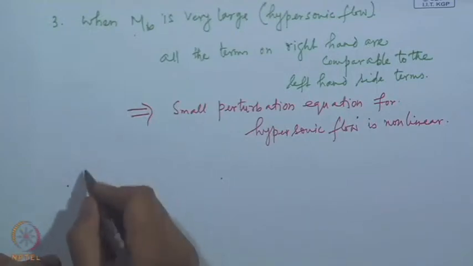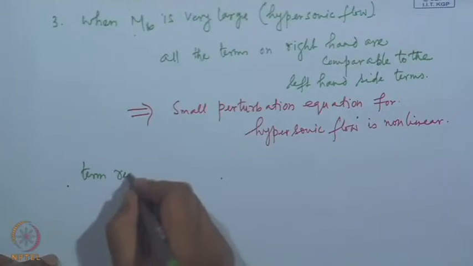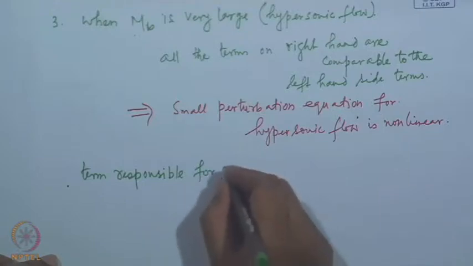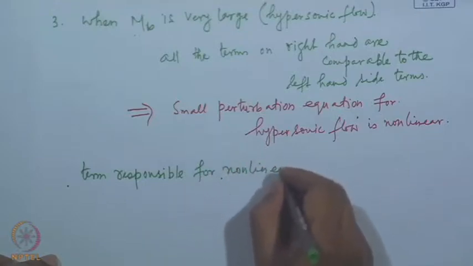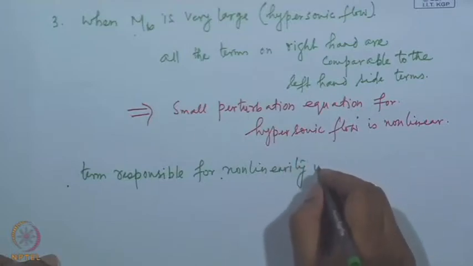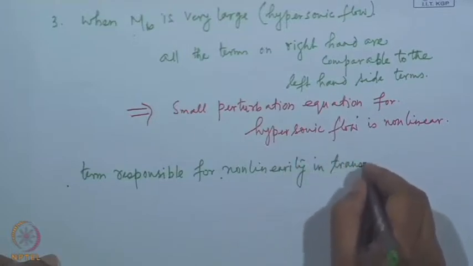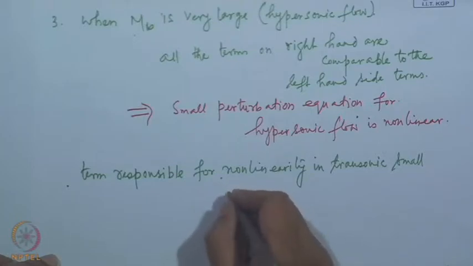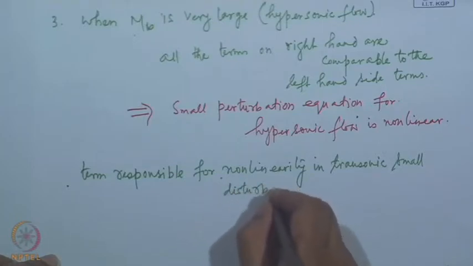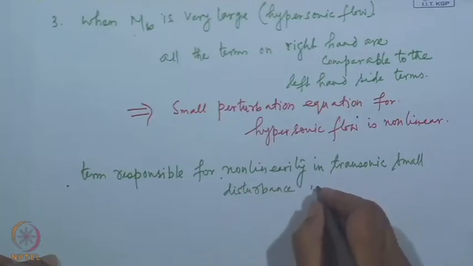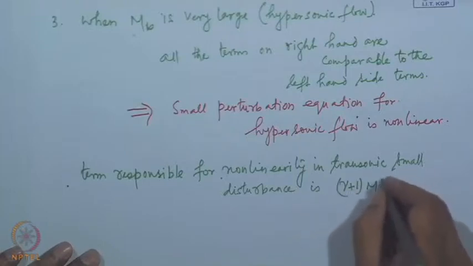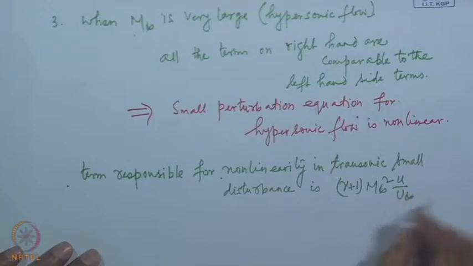So the term responsible for nonlinearity in transonic small disturbance flow is gamma plus 1 into M infinity square u by u infinity du dx.